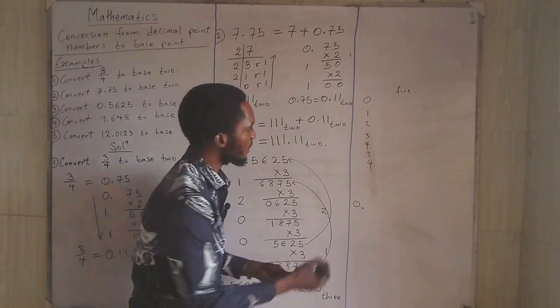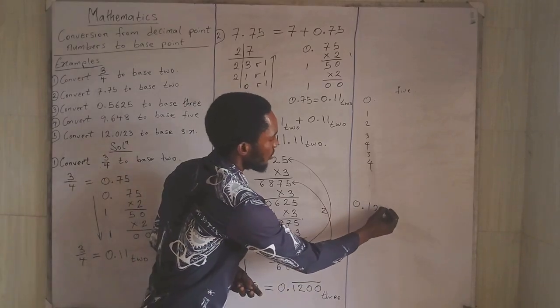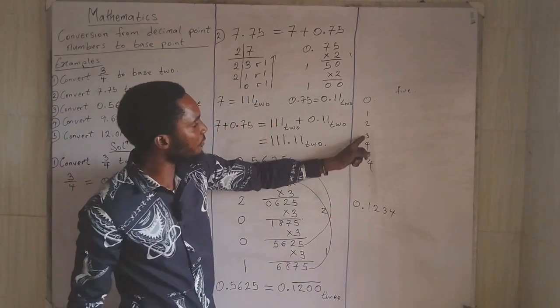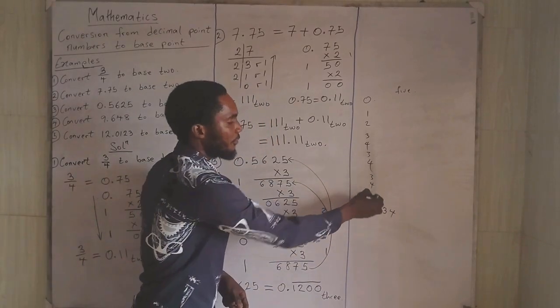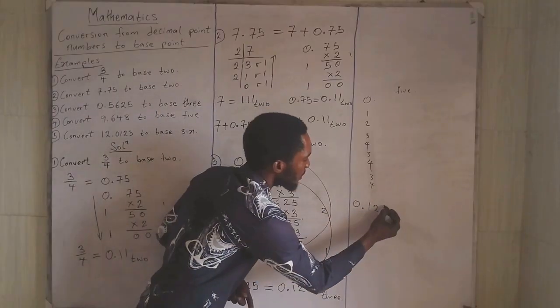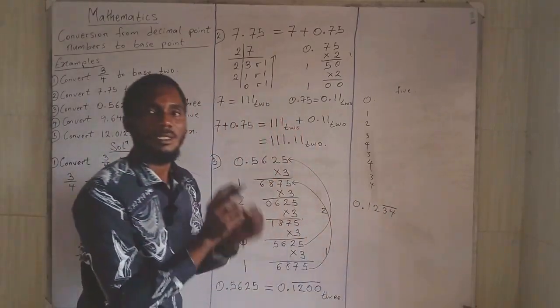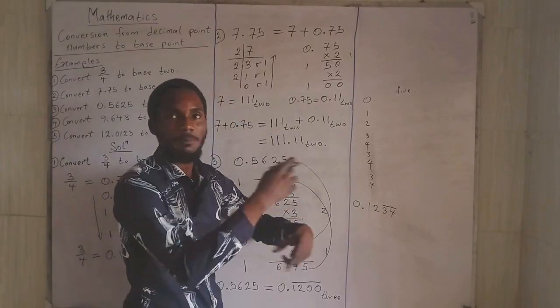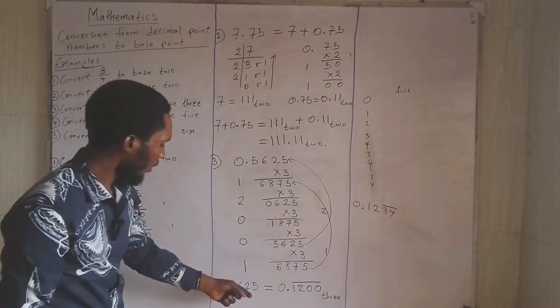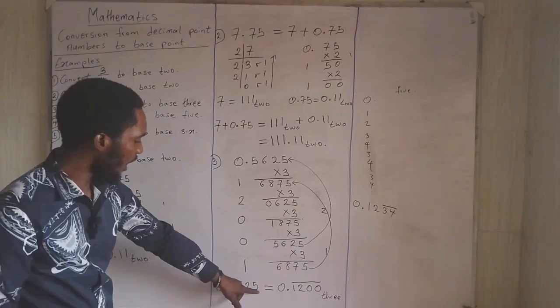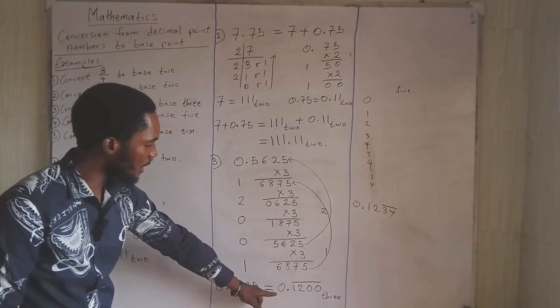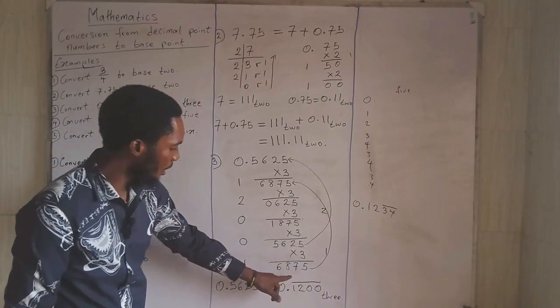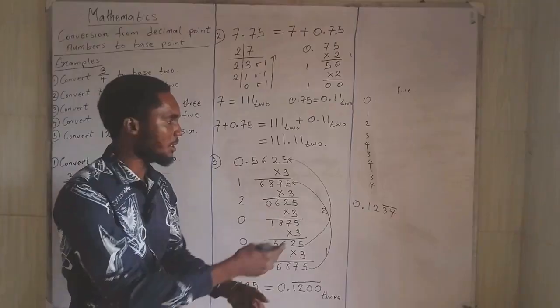What we have to write is 0.1234, but this 3, 4 keeps repeating. We are going to put the bar on top of only 3, 4, because it is this 3 and 4 that keep repeating. So that is what we have here. 0.5625 base 10 to base 3 is 0.1200, and this 1200 keeps repeating.